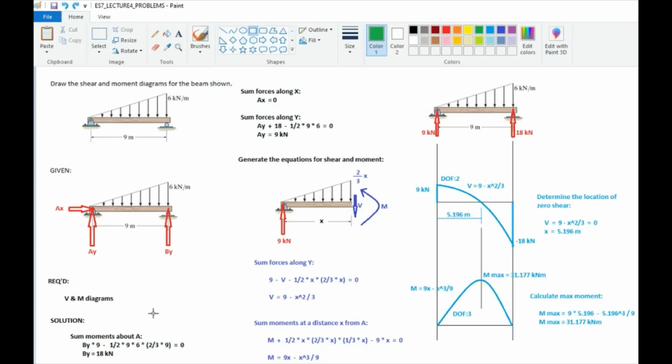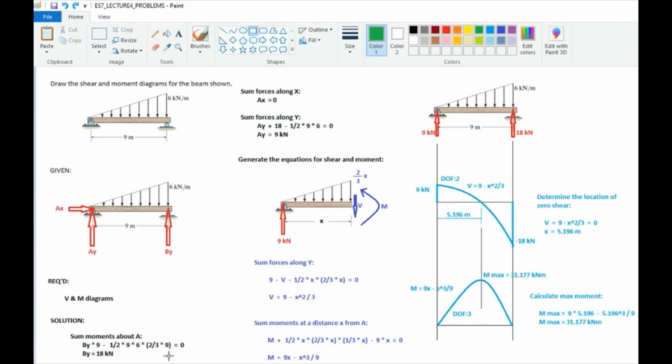Now, for the solution, we sum moments about A to find the value of BY. So that will be BY times 9, right? Minus the area of the triangle, 1/2 base of 9 times the height of 6, and then times the moment arm of 2/3 of 9.